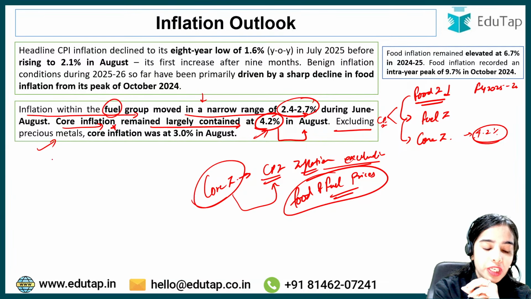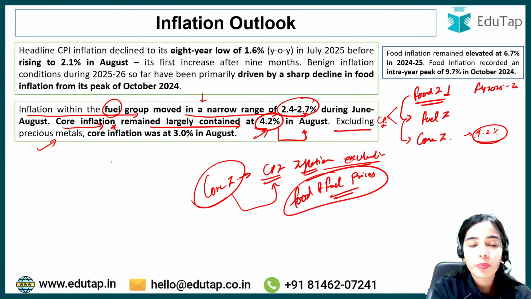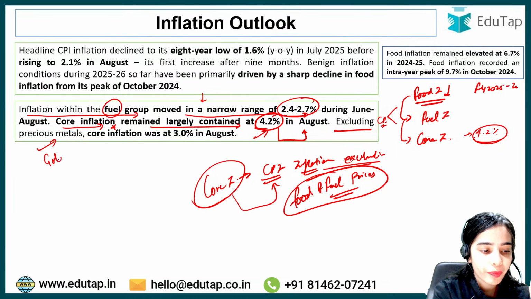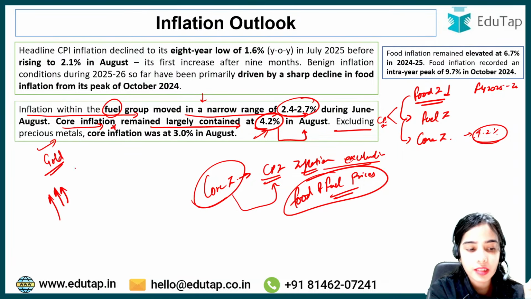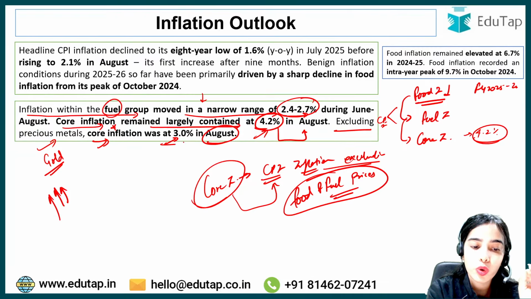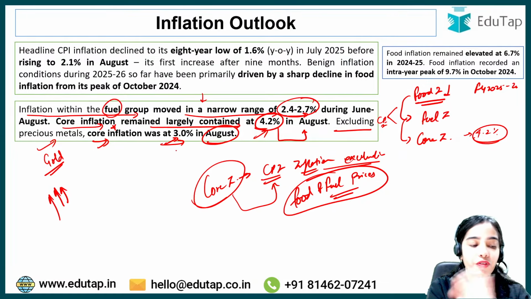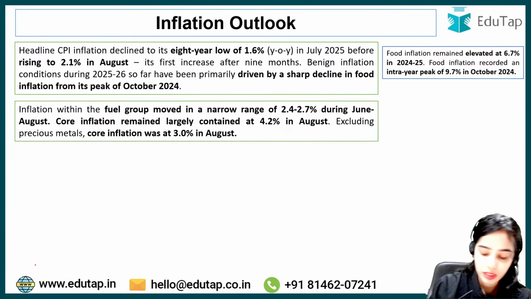Now, if we exclude precious metals like gold, because gold prices are rapidly increasing, the core inflation was at 3% in August. So core inflation was even lower in August if we exclude precious metals like gold.